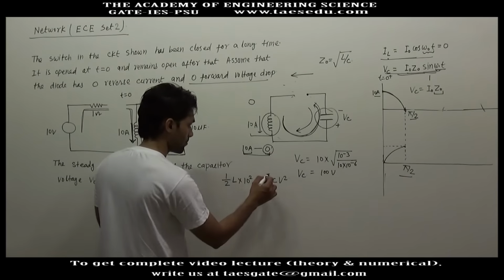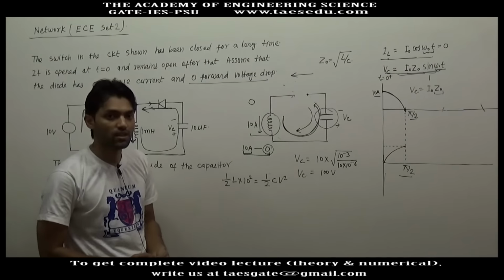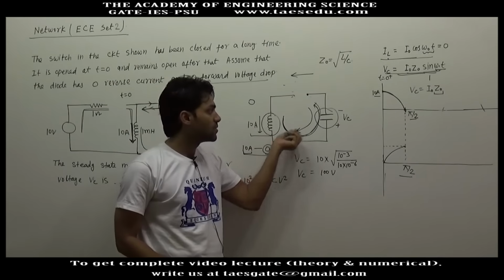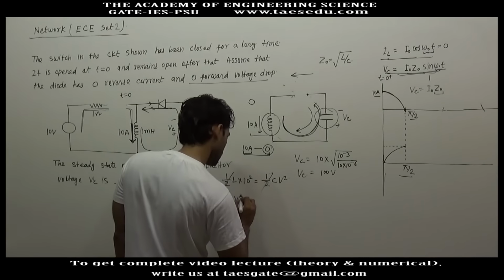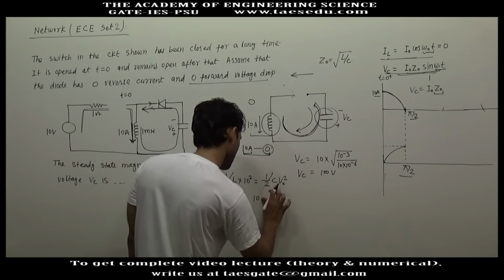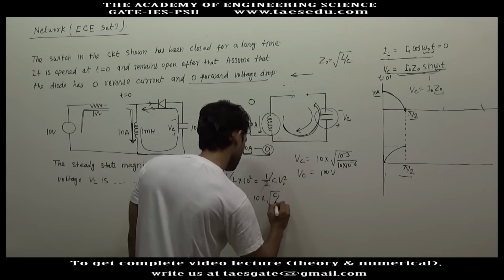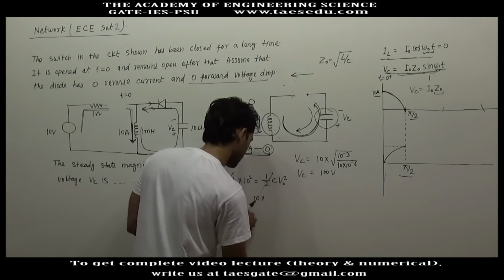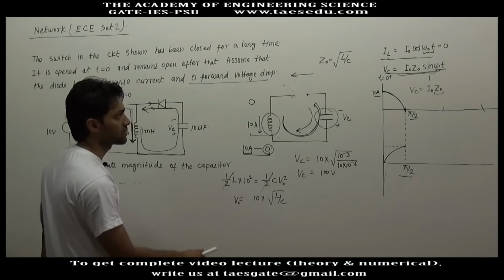Okay. Half and half, because there is no third element, there is no resistance in the circuit, so the total energy will be conserved. Whatever stored energy is in inductor, this stored energy will be transferred to the capacitor. So V naught will be 10 into root under L by C, the same expression that we got here.